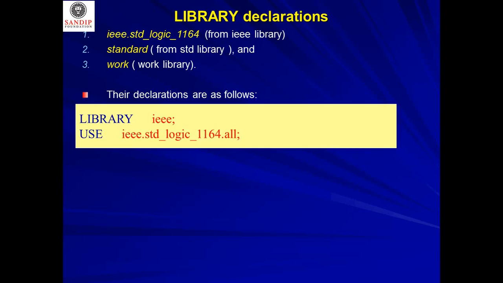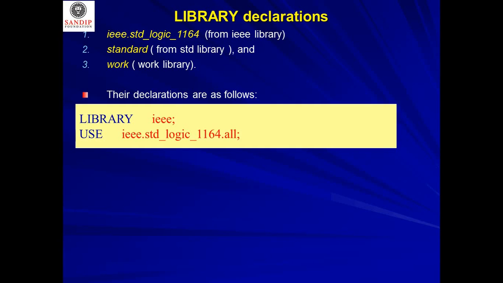Let's discuss how to declare these libraries. There are 3 libraries: IEEE, standard and work. To declare the IEEE library, start with the inbuilt syntax library IEEE semicolon. Use clause: use IEEE dot std_logic_1164 dot all.